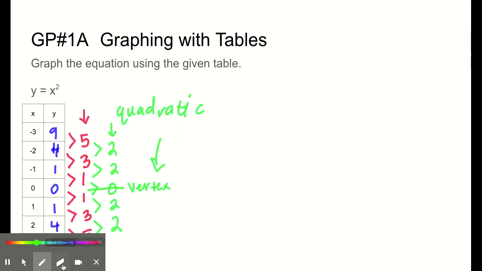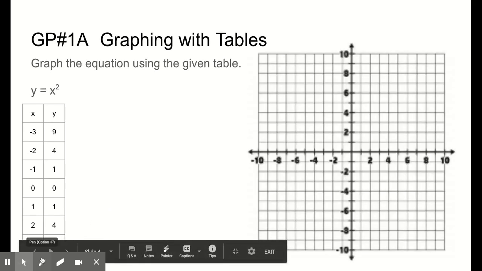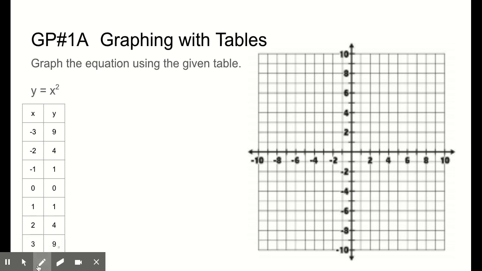So let's see what this looks like on a coordinate plane. So at -3, we have a point at +9. At -2, we have a point at +4. Now remember the table of values, these are all ordered pairs.